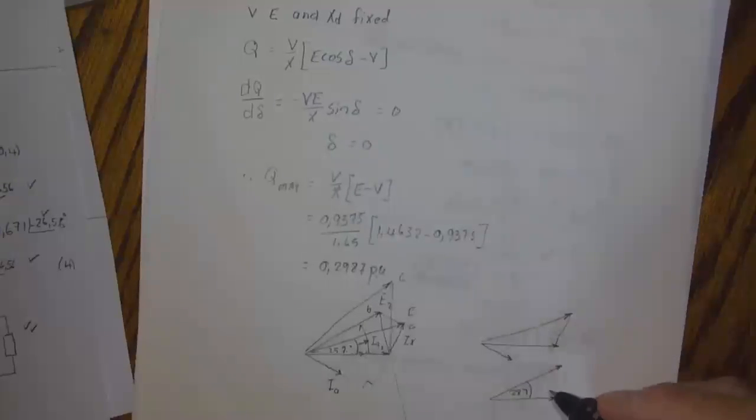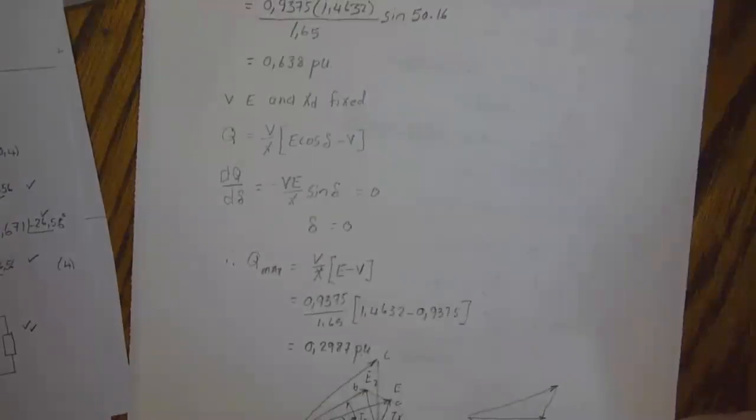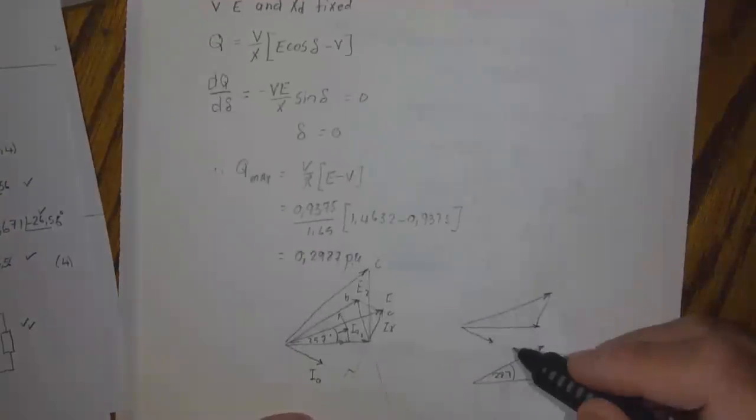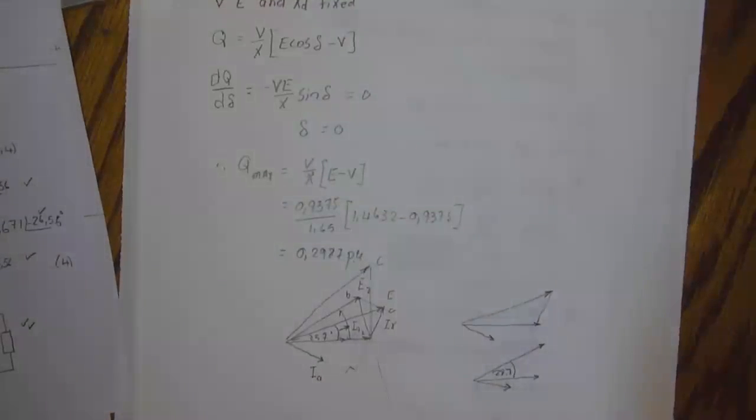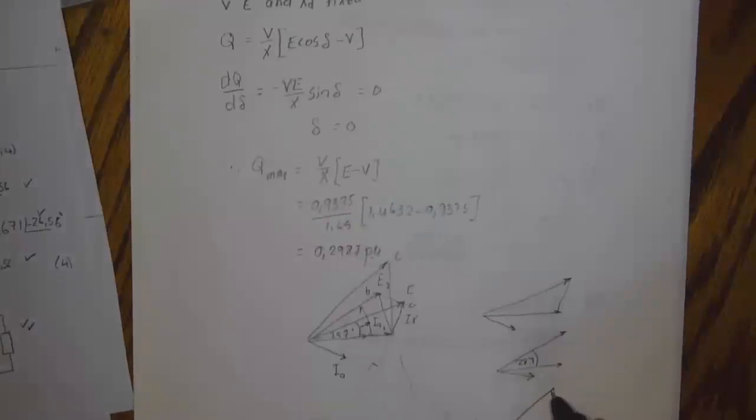And because the current would have been perpendicular, it would have been a little bit less, the power factor like that. And the biggest one, the last one, was when that was 90 degrees. And then that was E, and V, and I was in phase. Okay.